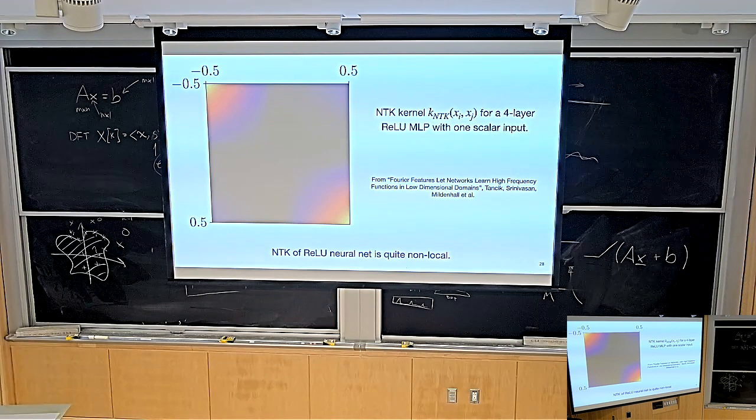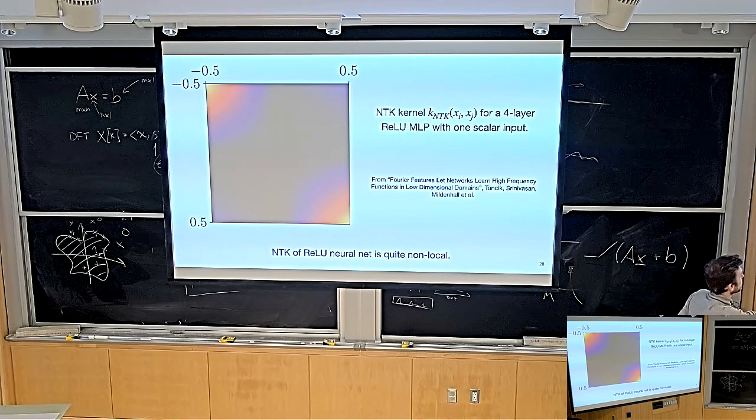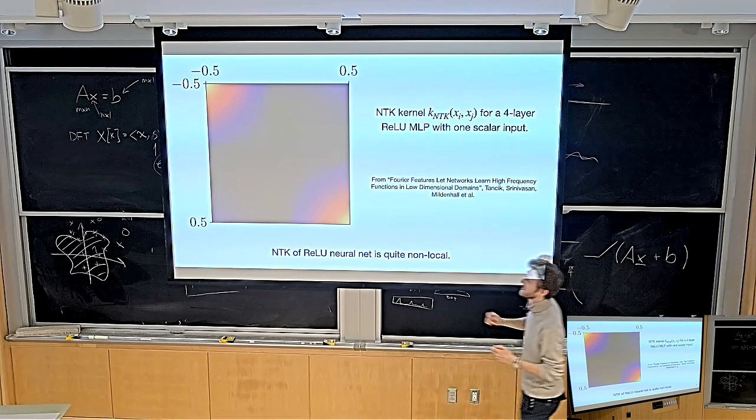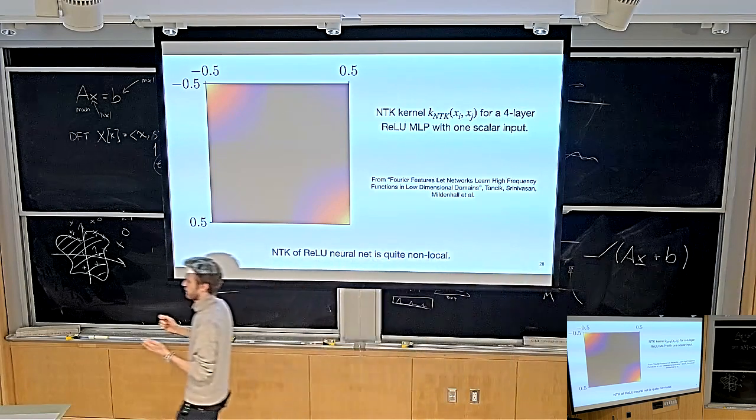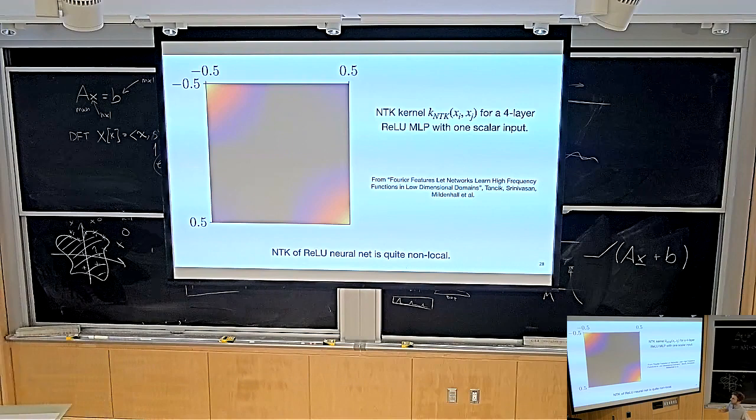Imagine there would be x1 here, and then on the other axis there would be x2. And this is exactly the neural tangent kernel between x1 and x2. This basically tells you what the kernel function of the neural network looks like.